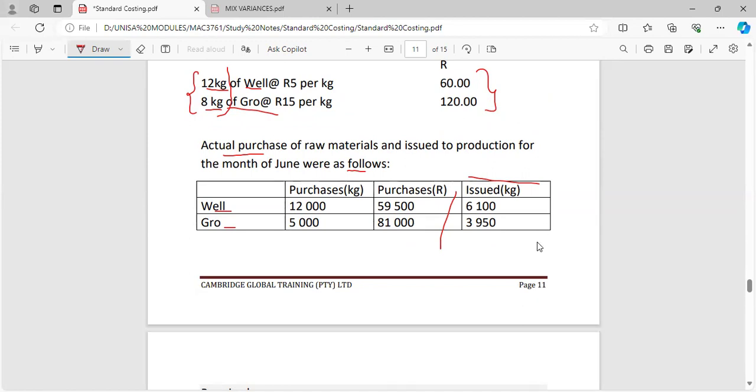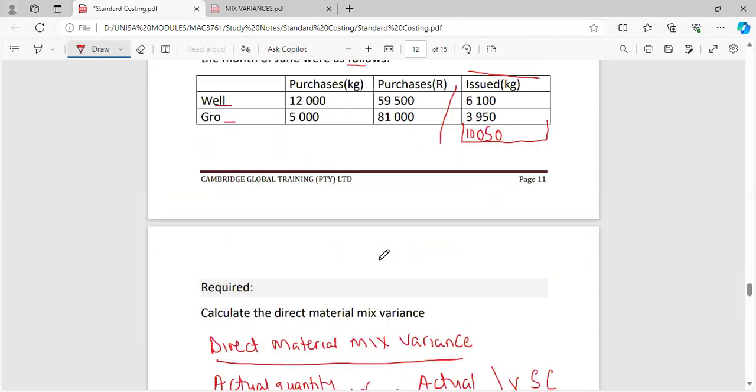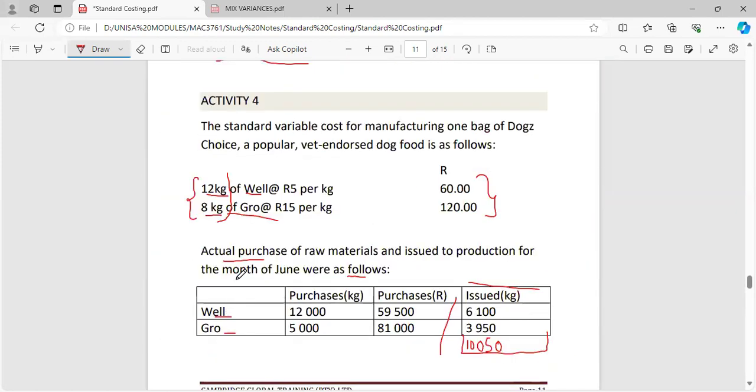So what we need is a total for this part so that we can use our mix to share. So what is going to be the total here? It's 10,050, right? So what do you do now? You are going to use your standard mix to share.